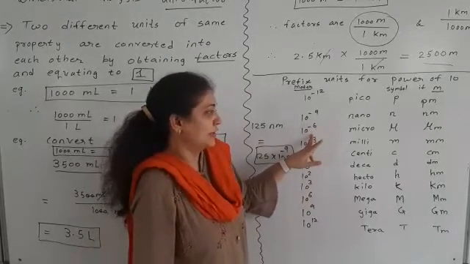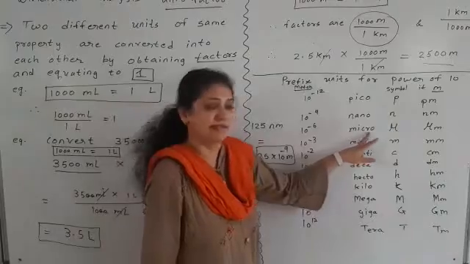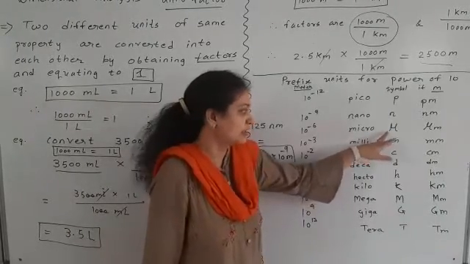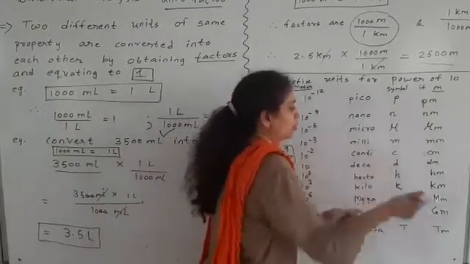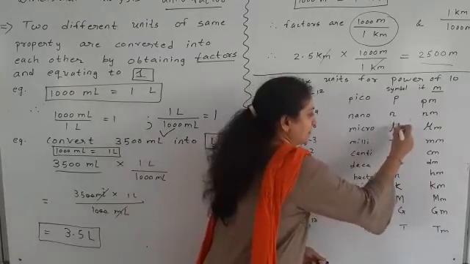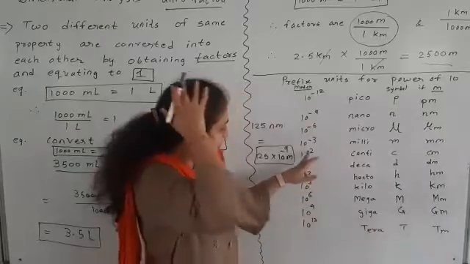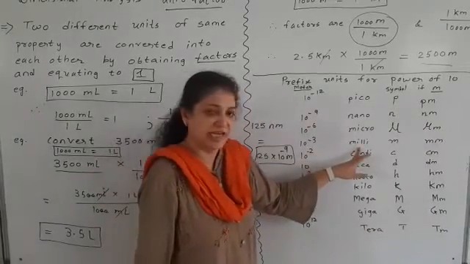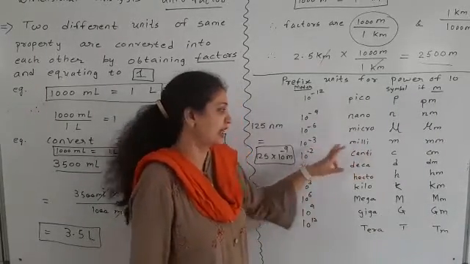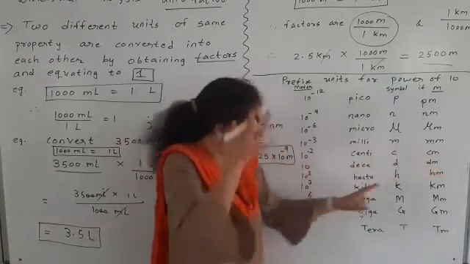Next is 10 raised to minus 6, which is called micro. The symbol is mu; you have to write it like this. Micrometer. Then milli, 10 raised to power minus 3, written as mm. You are all aware of it.